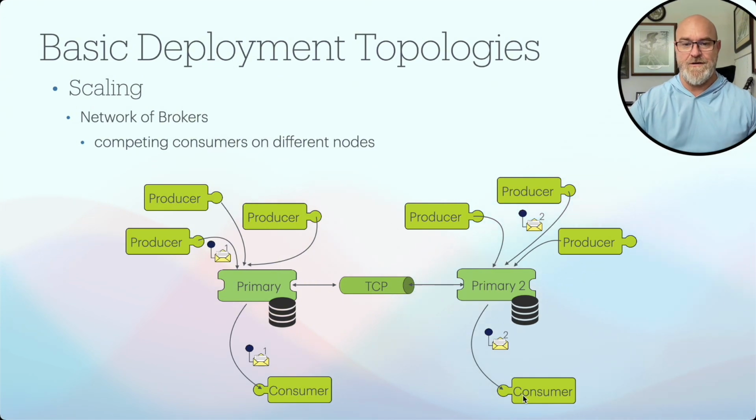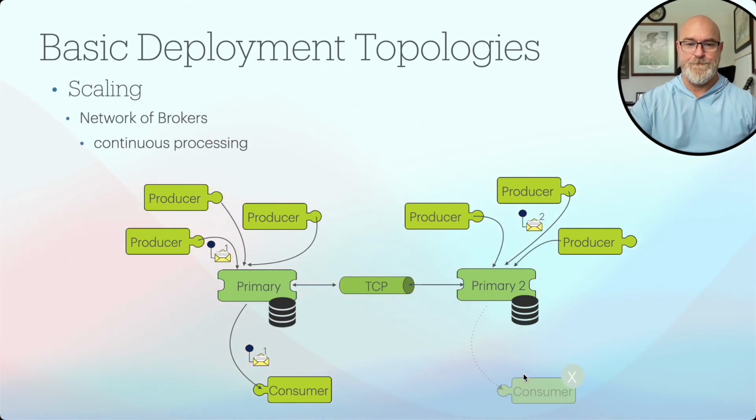So I want to make it clear that these are considered competing consumers on the same queue while these producers are producing to the same queue. And both the primary and primary 2 have that queue on their local because they have a producer and a consumer that are interested in that. So I want to make that clear.